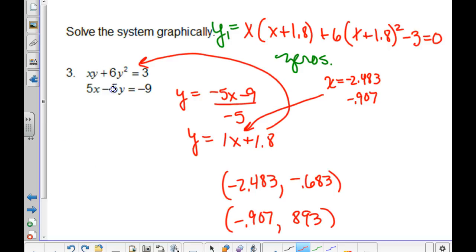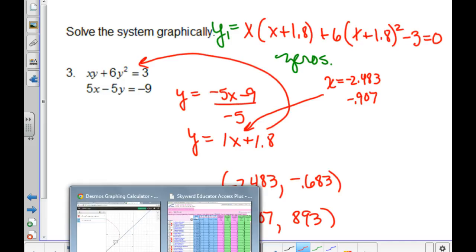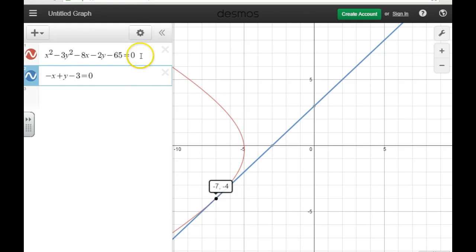This graph, this is a line. I don't even know what this first one is. But it has an XY in it. Somebody read me the equation.